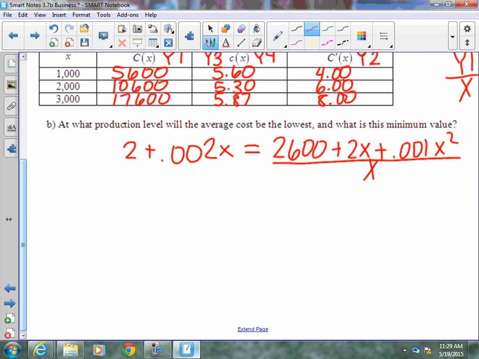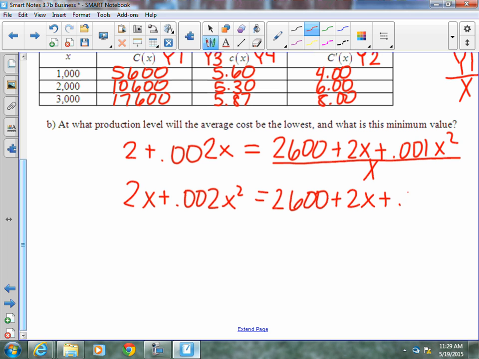I'll make this easy. I'm going to multiply both sides by x, and our two x's will cancel out.